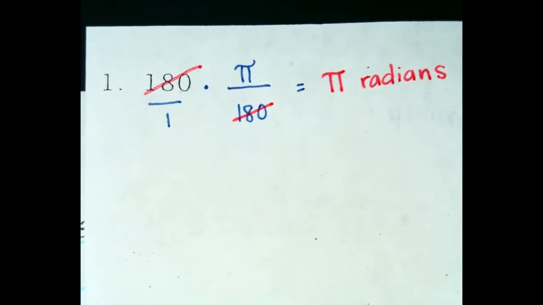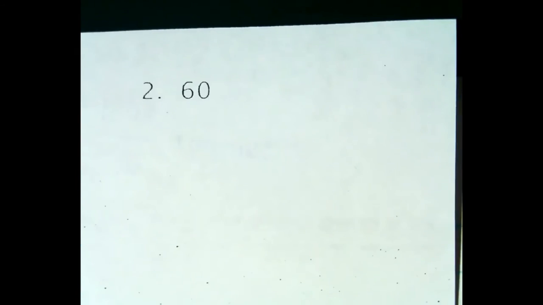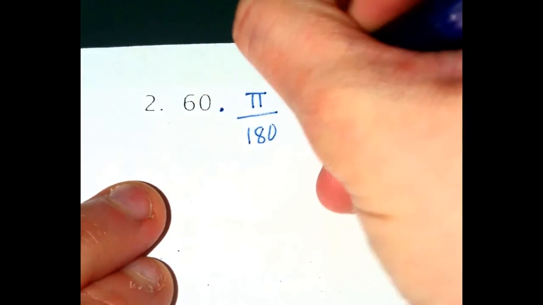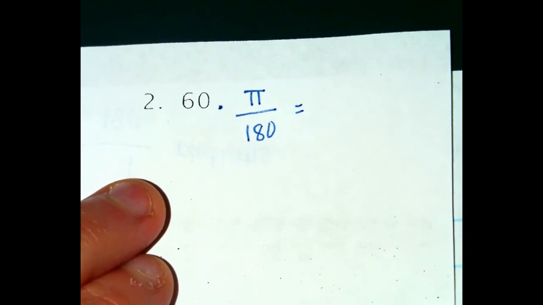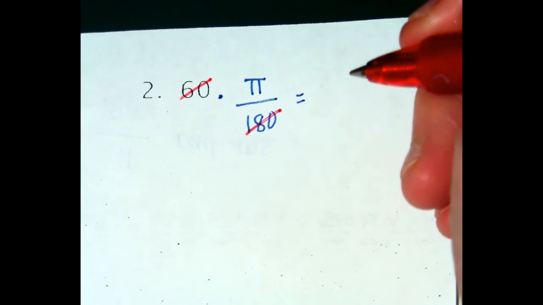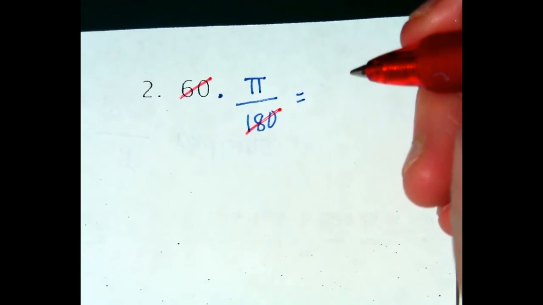Alright, number 2. Times pi over 180. We're literally simplifying this fraction. Will 60 go into 180? 3 times.